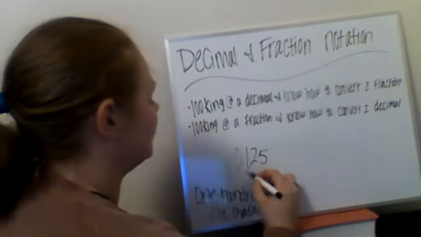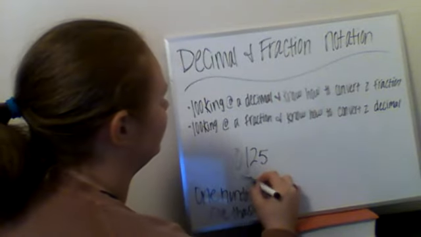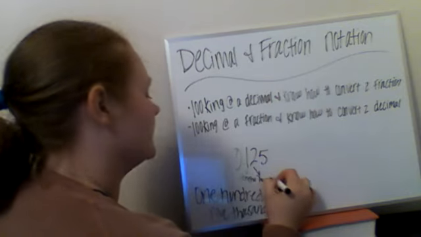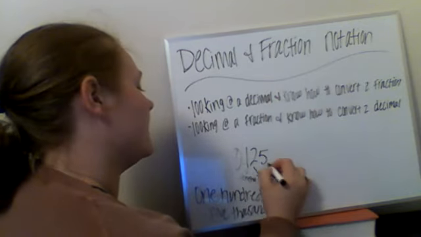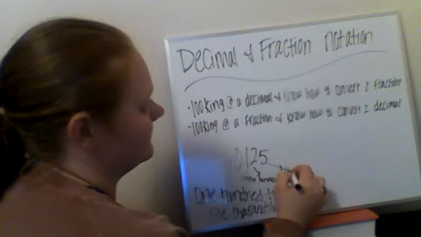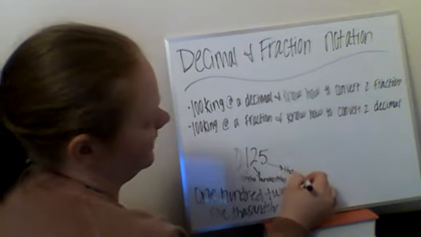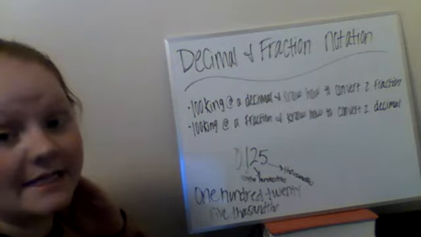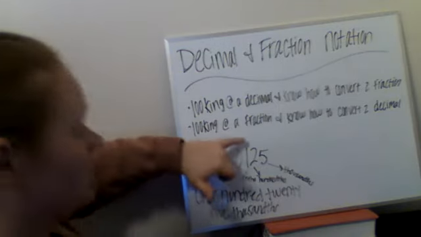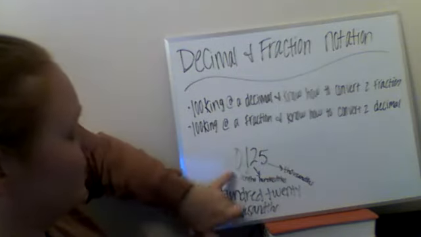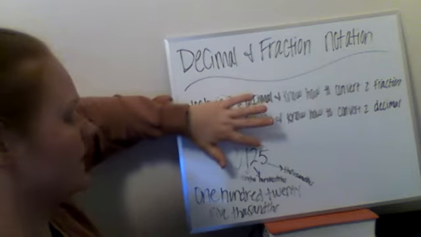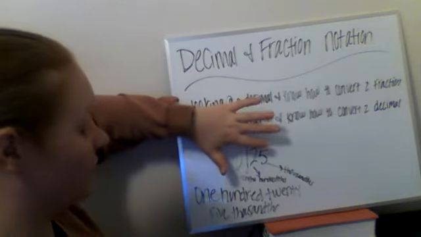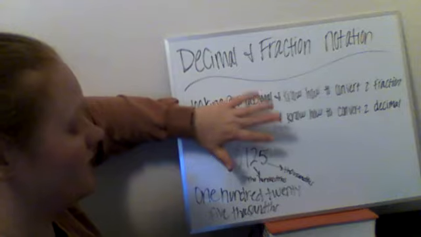So my 1 is in my tenths, my 2 is in my hundredths, and my 5 is in my thousandths. All I did with that was I just paid attention to my place value of my decimal. 1 coming right after the decimal being in tenths, 2 being the second number after the decimal being hundredths, and 5 being the third number after the decimal being thousandths.